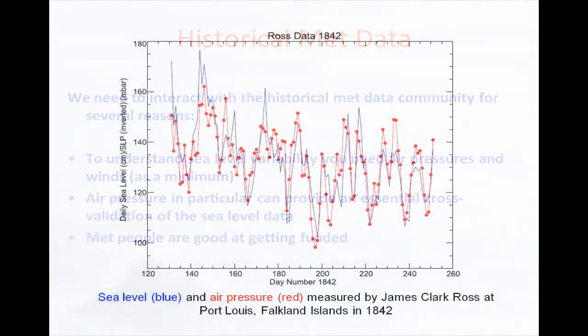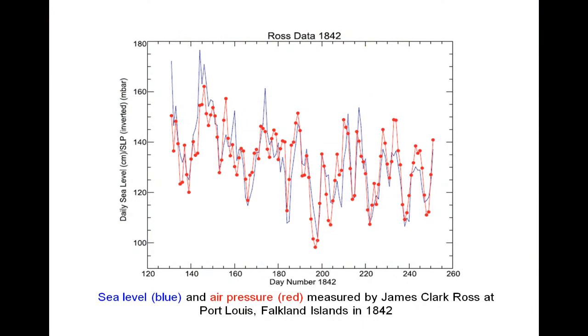The other thing is that air pressure data can provide an essential cross-validation of the sea level data. So this is, again, Ross's data from the Falkland Islands in 1842. And in blue, you can see the sea level. And in red, you can see the air pressure, which Ross measured also. And because we know the inverse barometer works well in the Falkland Islands, the inverse barometer response is when air pressure goes up by a millibar, sea level goes down by a centimetre.